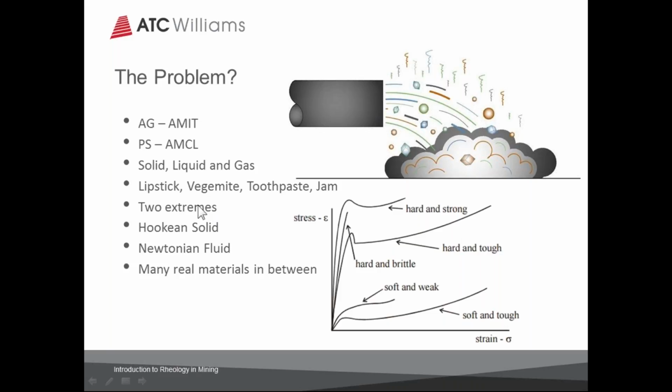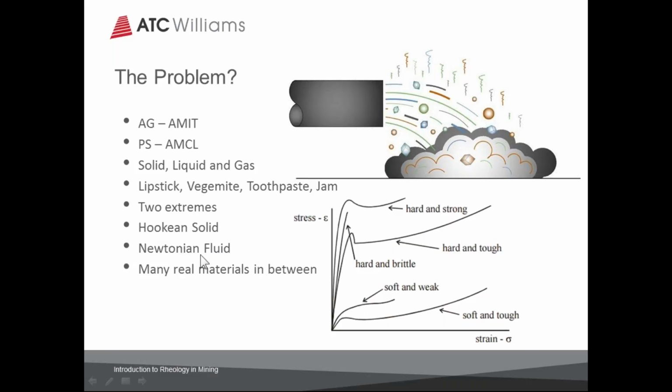If we look at the two extremes, a perfectly well-behaved solid is a Hookean solid. If we look at this graph of stress against strain, then in this region here, where we have a straight line relationship between stress and strain, we have materials which obey Hooke's law, and that's a well-behaved solid.